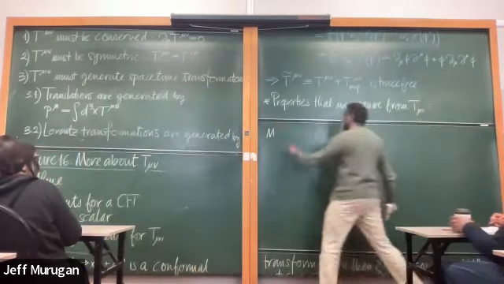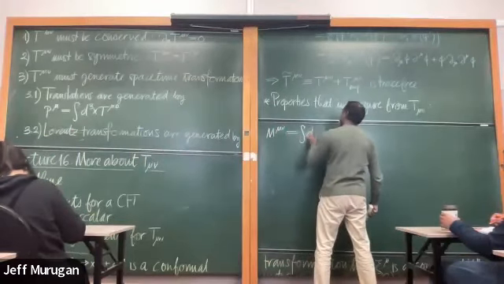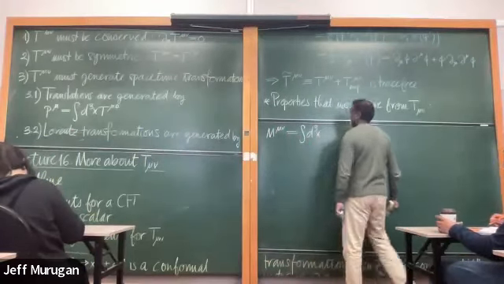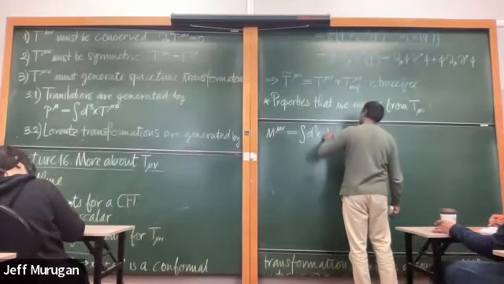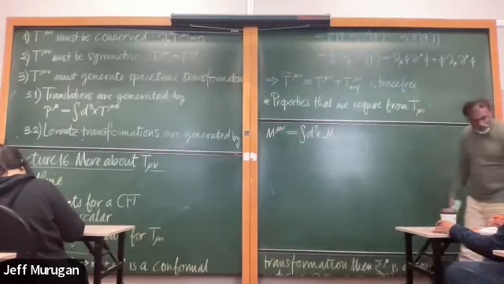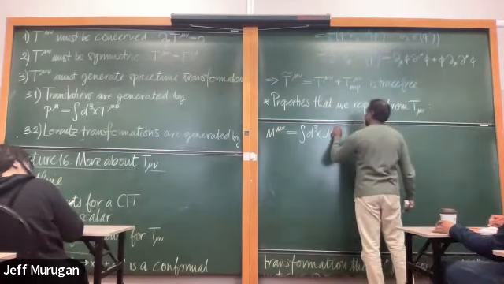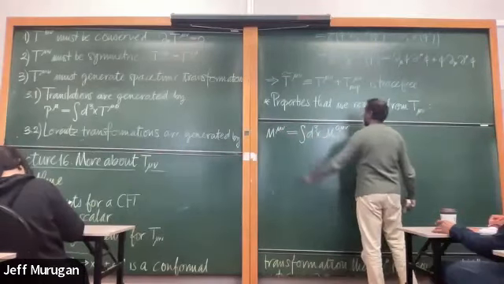And these M mu nu's are again spatial integrals of some new object that I'm going to call curly M. Curly M has three indices, two of which will be mu and nu.